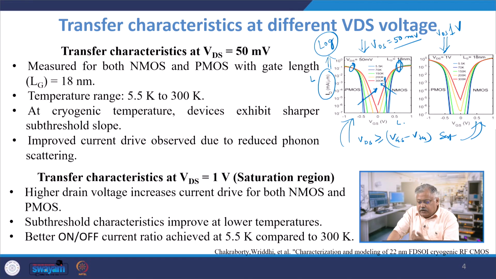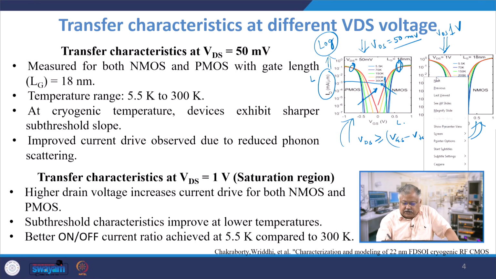Now, let us concentrate on the case when LG equals 18 nanometers and your drain to source voltage is 1 volt. If I draw a line at 0.25 again, you will see the current in the earlier case was around 10 to the power minus 3, whereas in this case it is slightly more than 10 to the power minus 3.